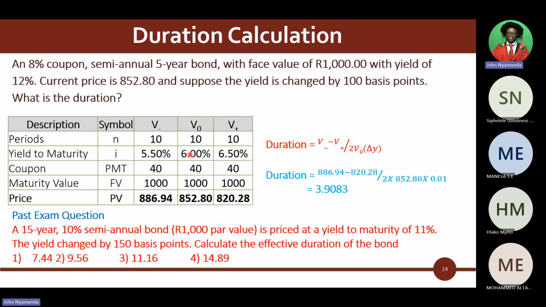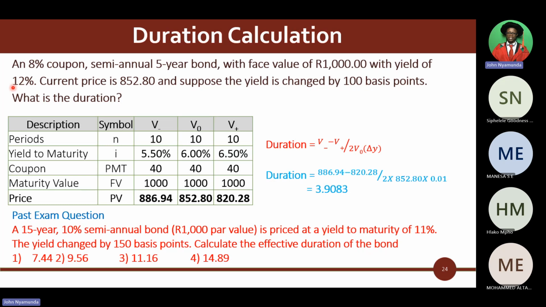So now the question is, what happens if interest rates reduce by 100 basis points? 100 basis points, ladies and gentlemen, is 1%. 200 basis points is 2%. 150 basis points is 1.5%. So if interest rates move from 12% minus 1 to 11%, what is the price?